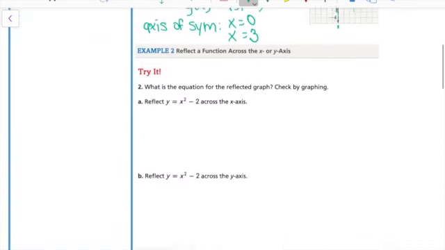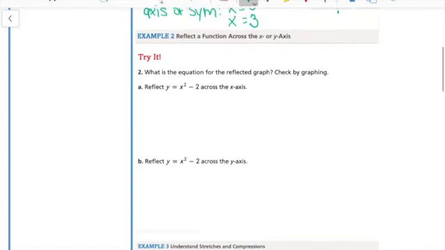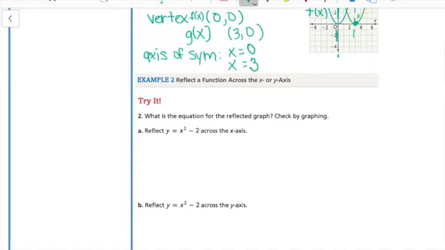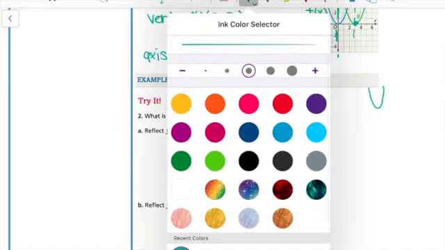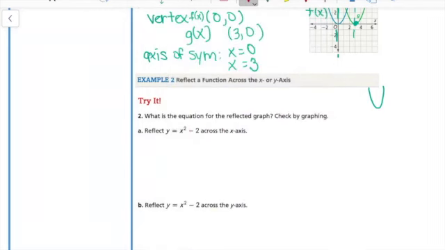Okay, let's look at what happens when something reflects. To reflect across the x-axis means that something with this shape, when it reflects, would then be going down. That's a bad drawing because it should be the exact same, the same width and whatnot, just going down.